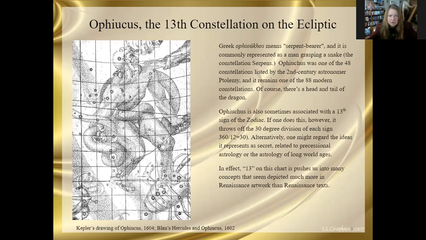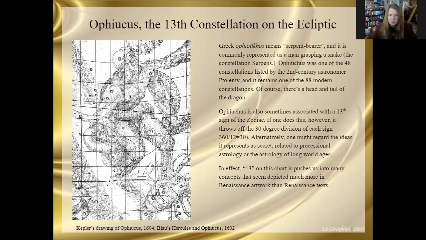As we've discussed briefly in other classes, Dee was really taken with the idea of long world ages. He thought that he was living in the age of Venus. The way that these world ages were usually calculated in Dee's time, and there's a variety of ways, but it's usually with sevens, like 7 weeks, jubilees, which is biblical apocrypha and heretical to begin with.